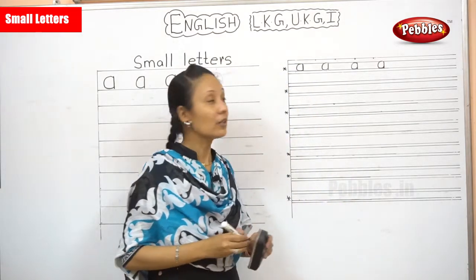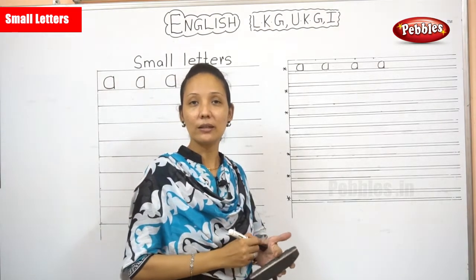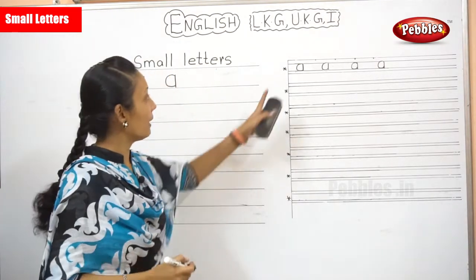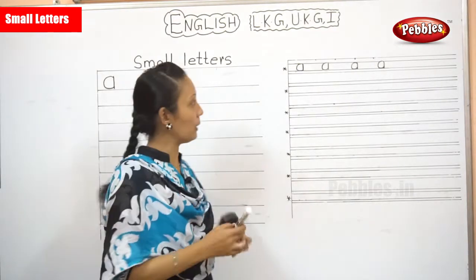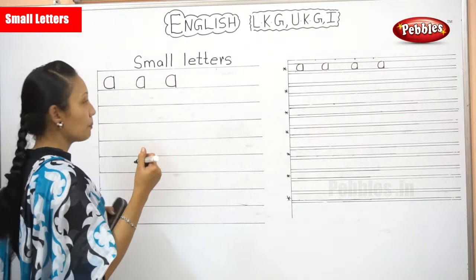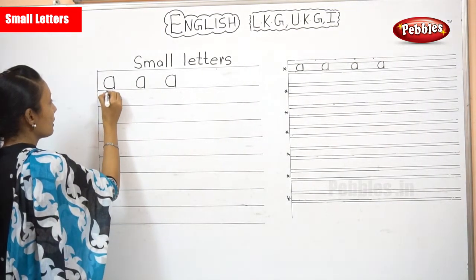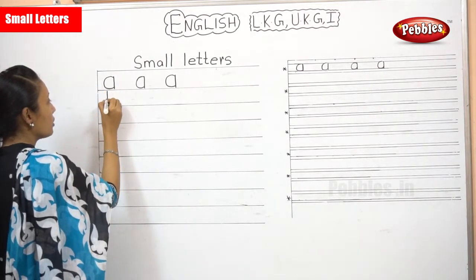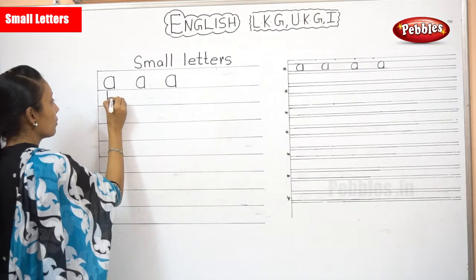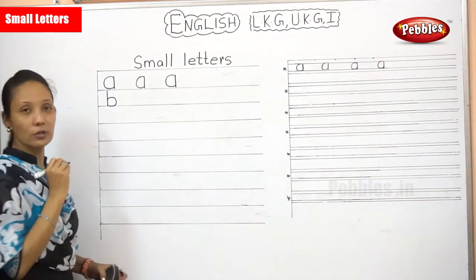Now after a, what is your next alphabet? It's b. So now shall we see how to write b? See now, you give your straight line, that is your standing line, and your curve from your right, the outer curve.